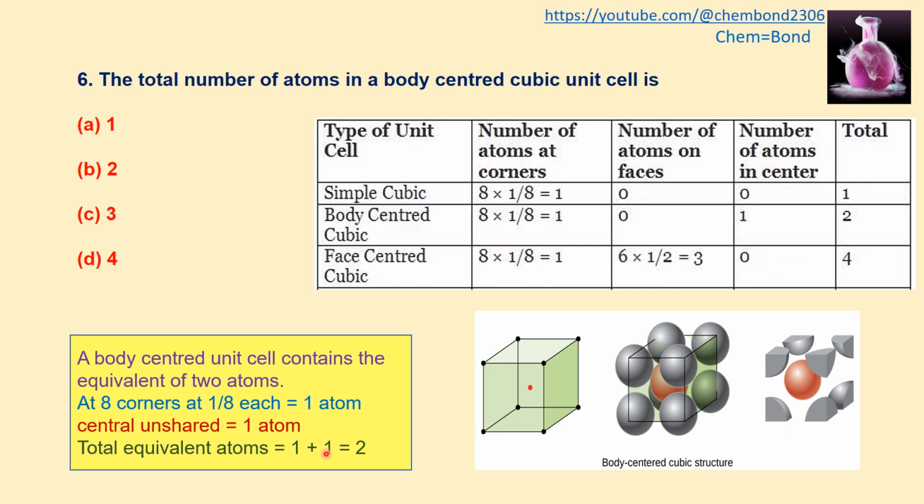So the equivalent atoms are 2. We can also obtain this data from the table. For the body centered cube, 8 multiplied by 1/8 produces 1 atom. There is no atom present at the faces, but there is 1 atom in the center. So adding 1 plus 1 will produce 2. So the answer is 2.